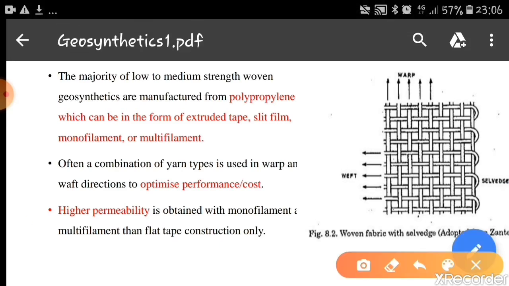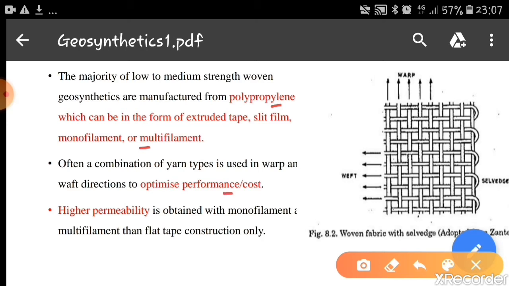The majority of low to medium strength woven geosynthetics are manufactured from polypropylene, which can be in the form of extruded type, split film, monofilament, or multifilament. Often a combination of yarn types is used in warp and weft directions to optimize performance and cost.